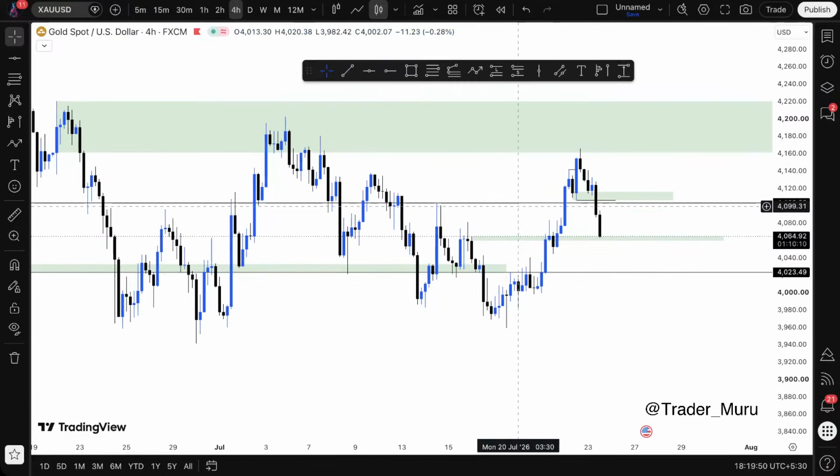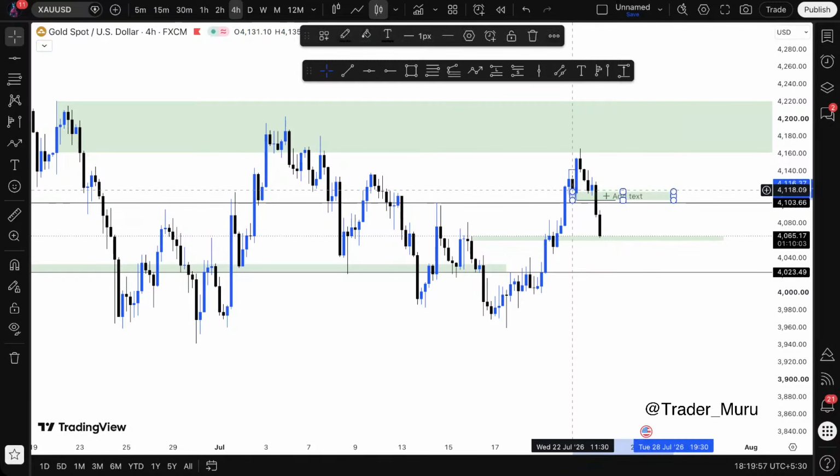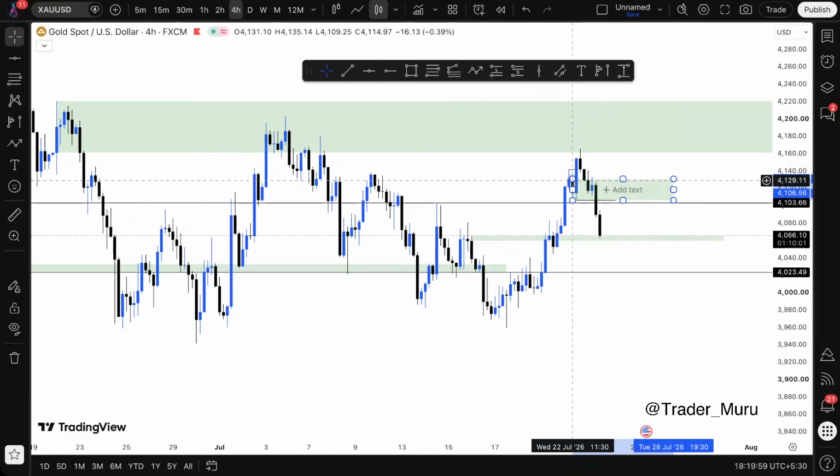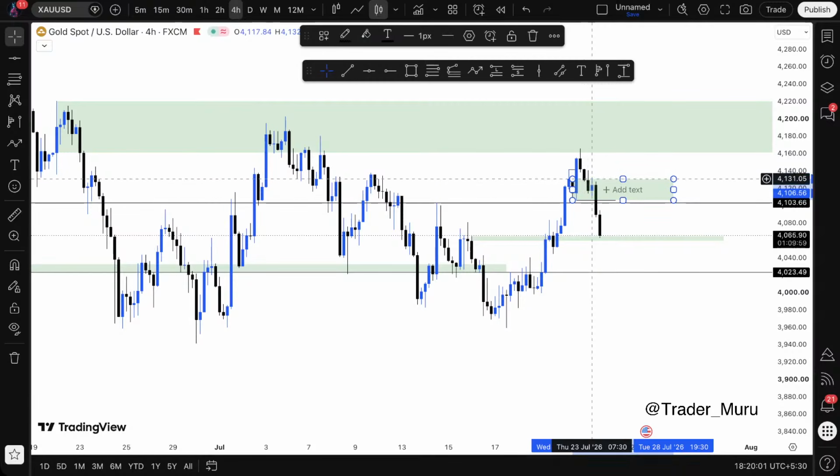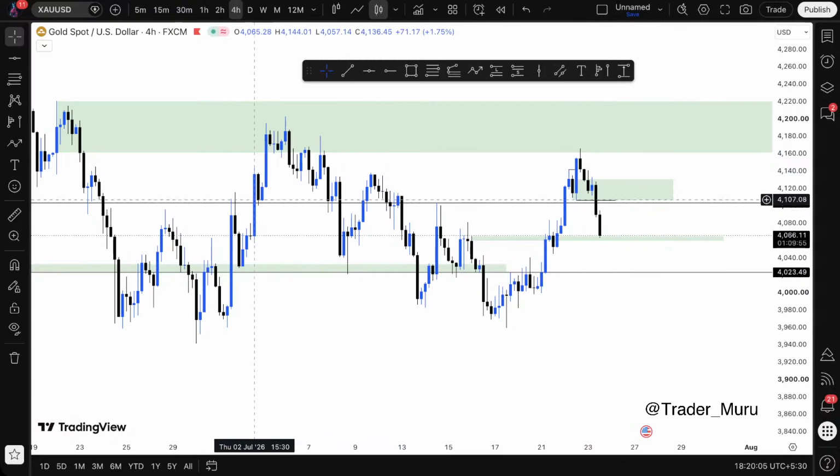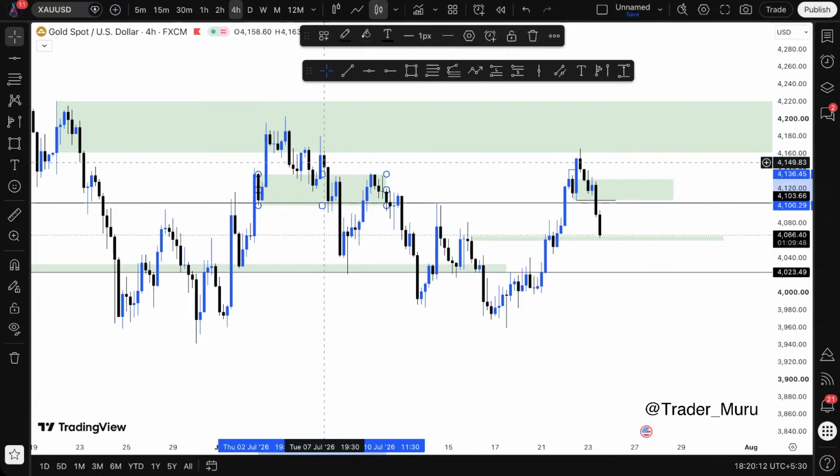You guys have seen this kind of areas in previous price action. A big demand present in the market, price bounces from it, then it retests it and drops.